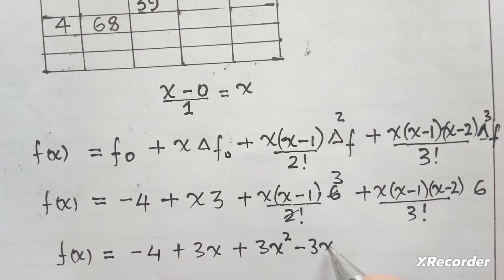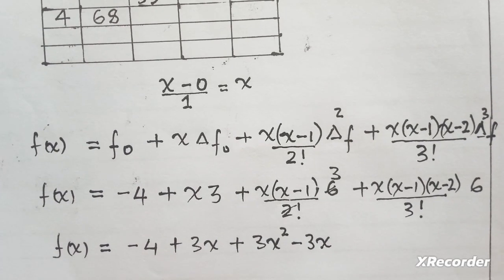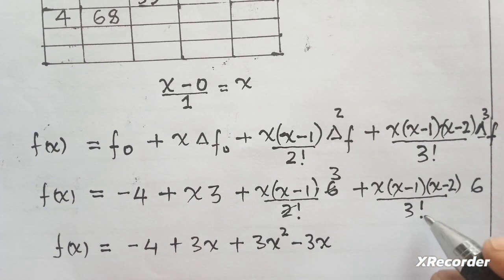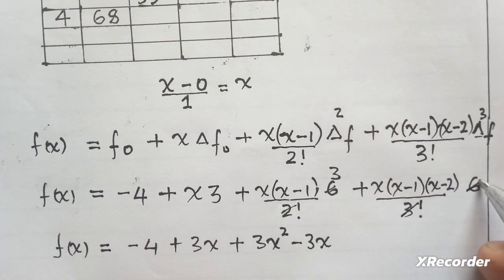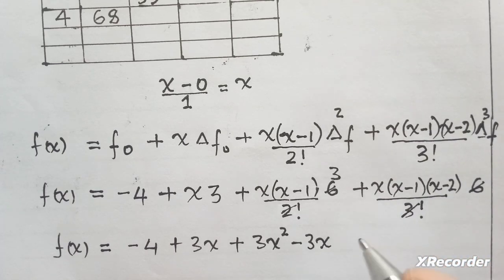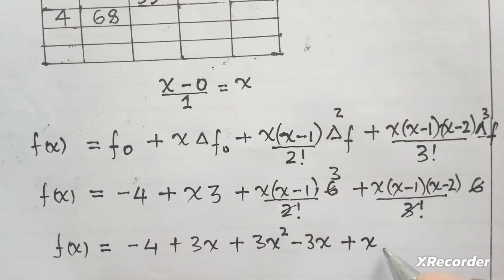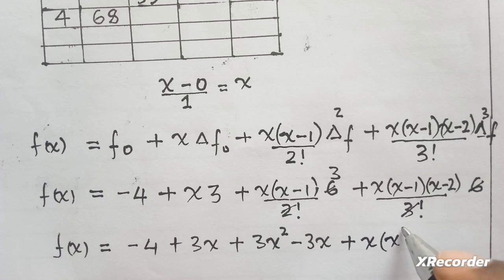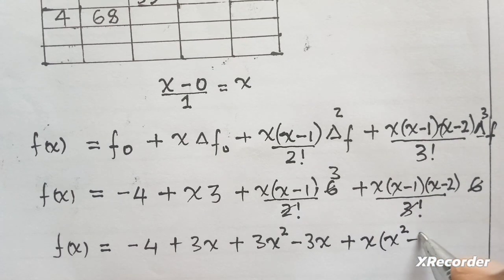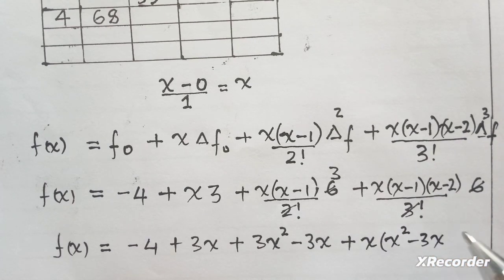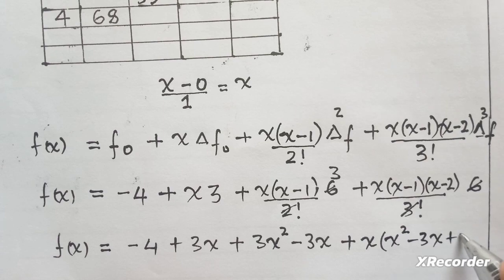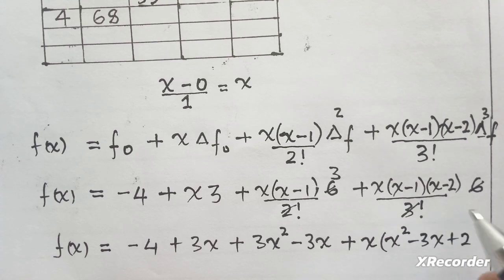For this other one, this will cancel with that, so we shall be left with that. That one will be plus x times x squared minus 3x plus 2, like that.